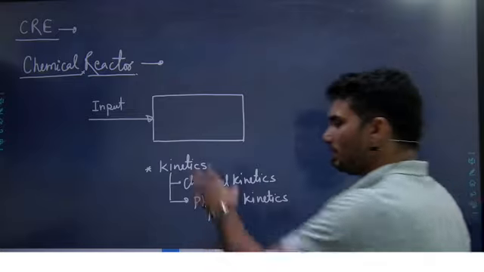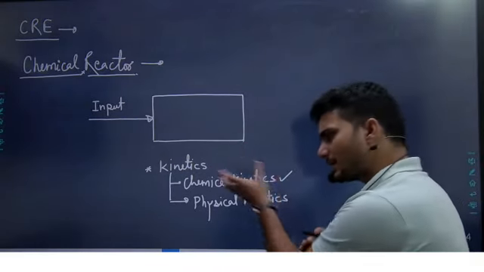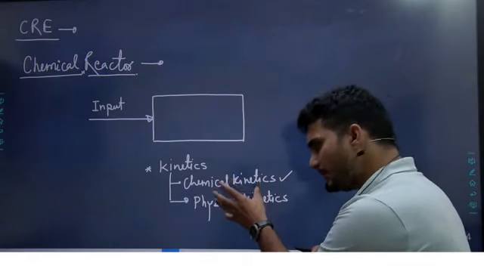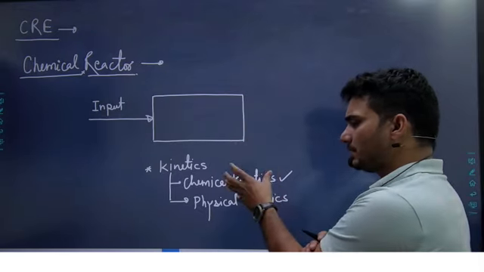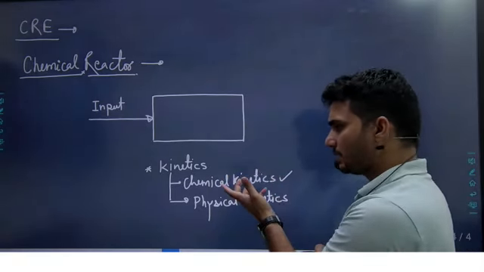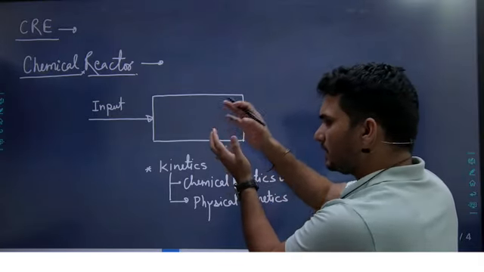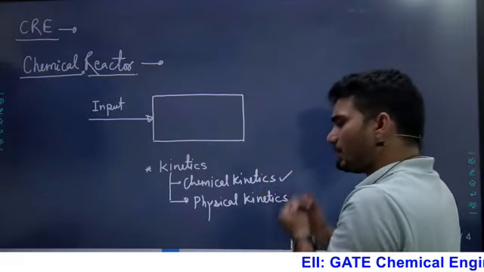Try to understand. For a homogeneous reaction, there is a need only of chemical kinetics. Chemical kinetics means the speed or rate of a reaction, which means how any reactant disappears, or what is the rate of formation of any product.